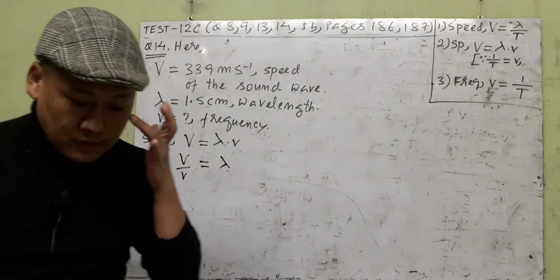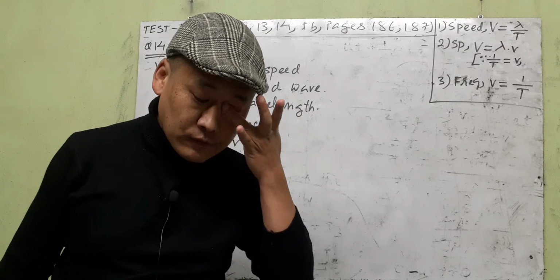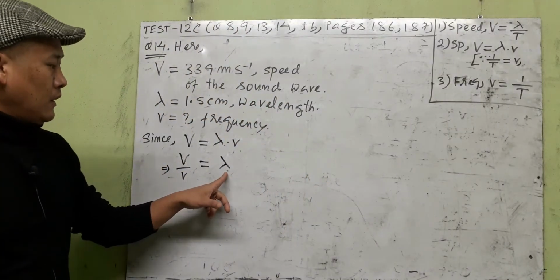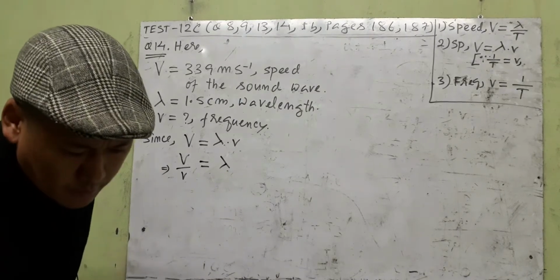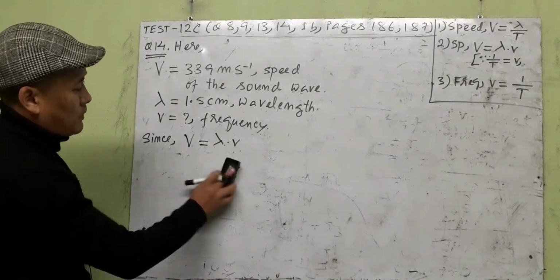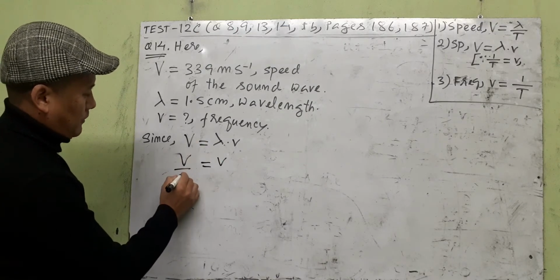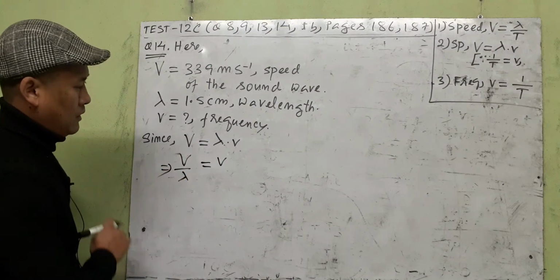Alright, go to the question. What is the frequency of the wave? Not lambda, I made a mistake there. Frequency small v is equal to capital V by lambda.